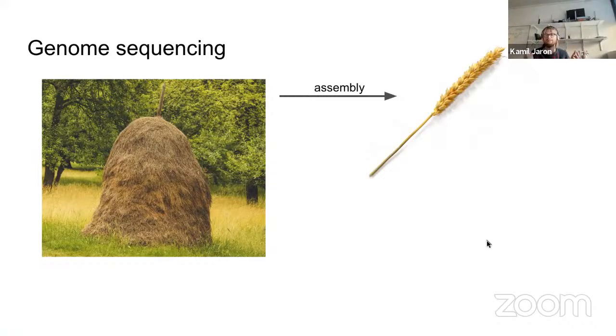So why are we here today? What is the deal? Well, sequencing, as much as we would like it to just read the genome as it is, still generates a pile of reads. It's a bit like what we want is one stem of grass, and what we get is a pile of hay, and we are given the task to reconstruct it, which is called genome assembly, and that exists.